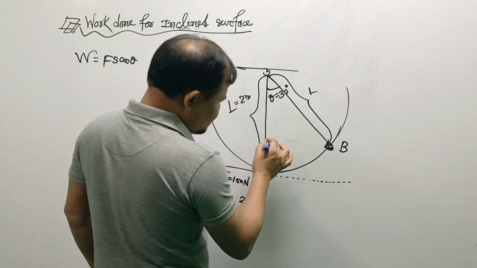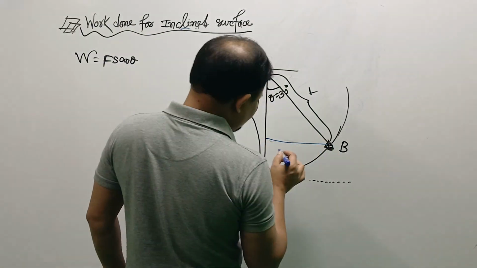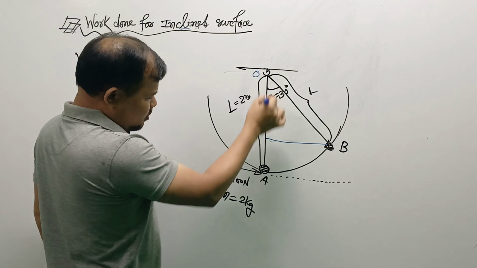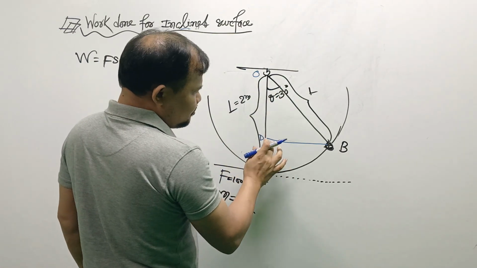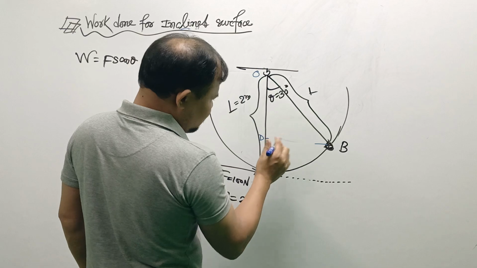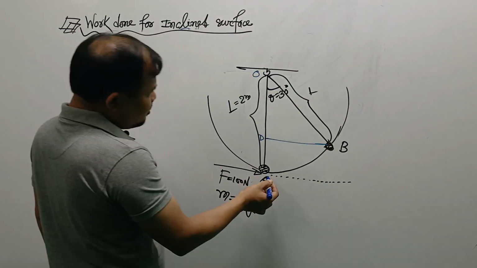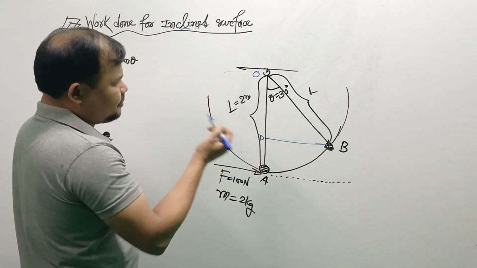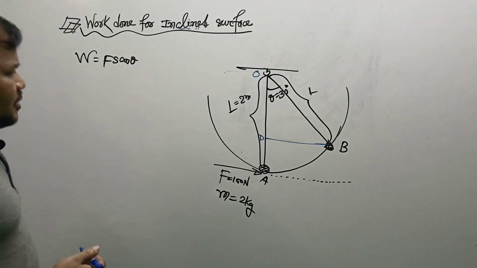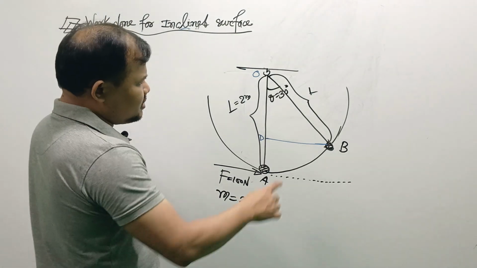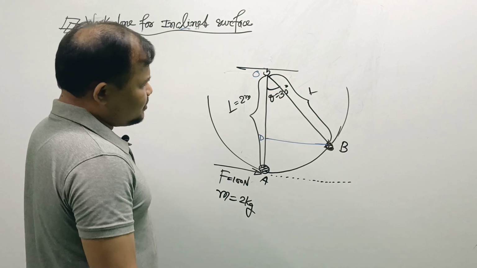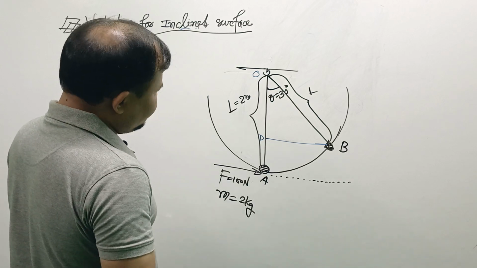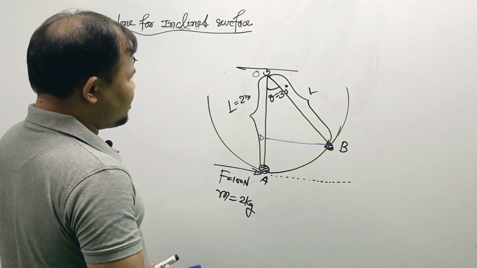Suppose this is a perpendicular on OA. This is D. BD is perpendicular on OA. Now we can divide this amount of force into two components, one horizontal component, another vertical component.